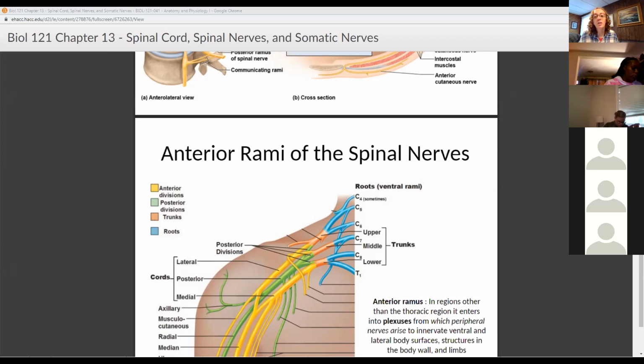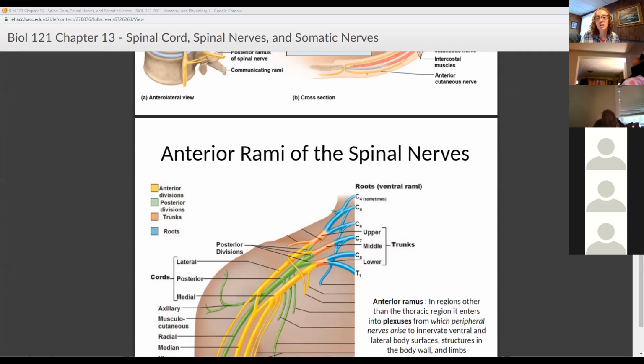So looking at this, here's a cross section of the spinal cord. We've got to orient ourselves here because this is the vertebral body. This is the body of the vertebrae. Body of the vertebrae, where is it? It's on the anterior surface.